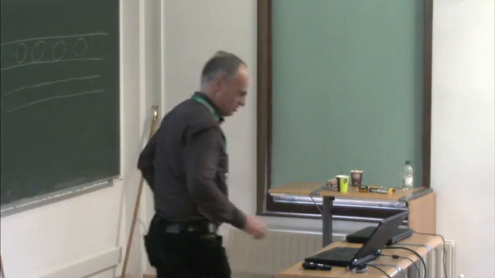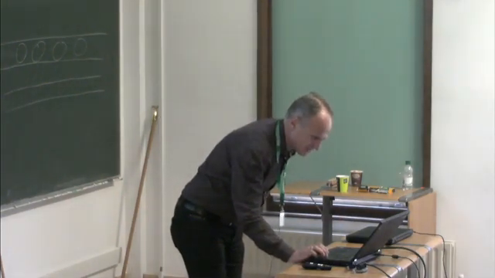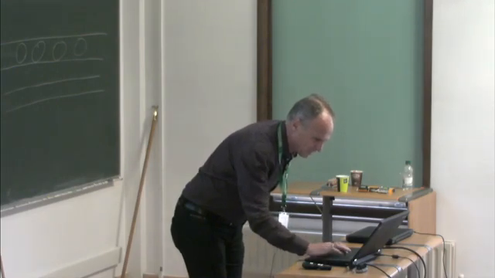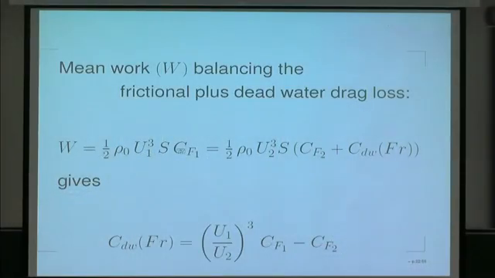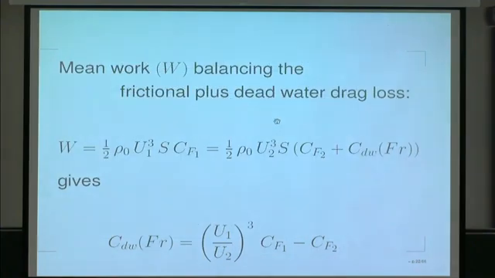So of course you will have all these processes. You will have this relation here. Instead of being extracted like this, the skin friction, you will have some drag coefficient here and some drag coefficient here, but this one here is just a function of the Froude number.